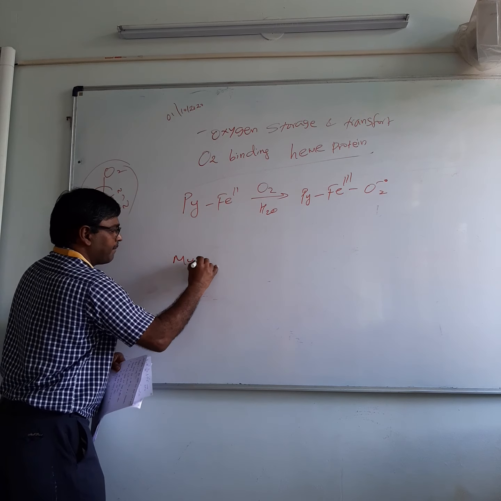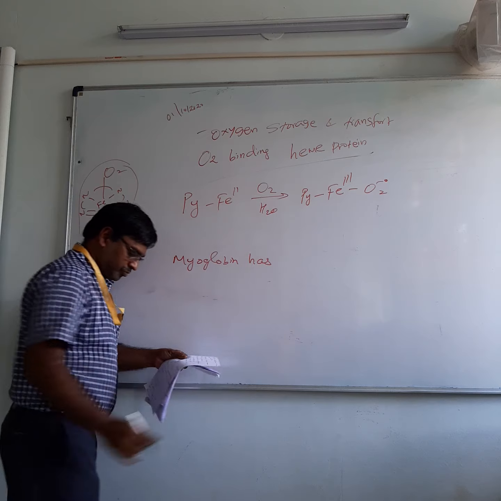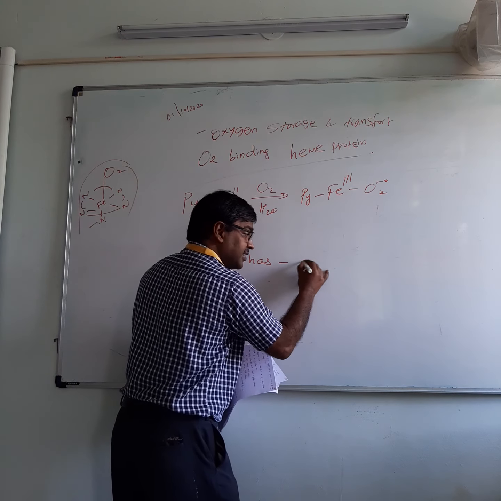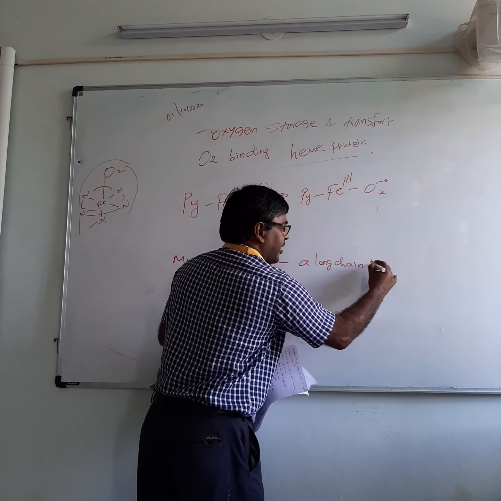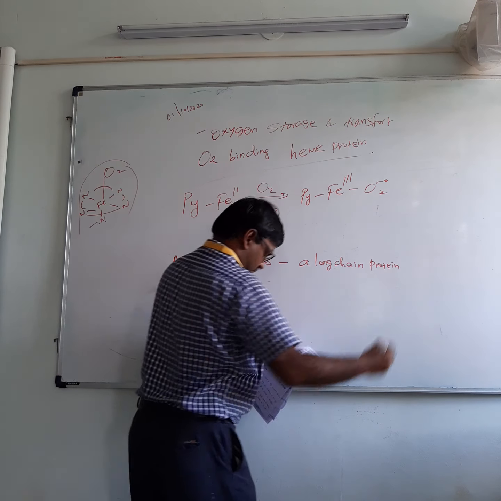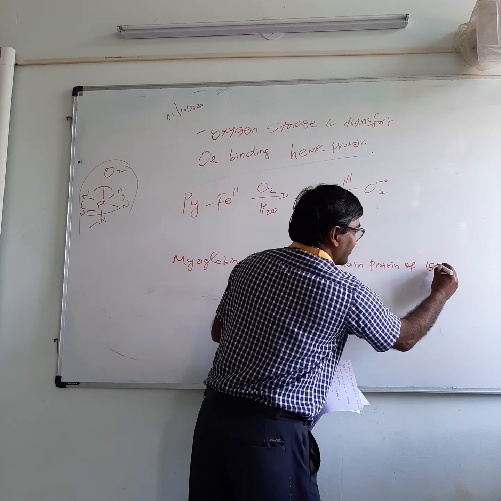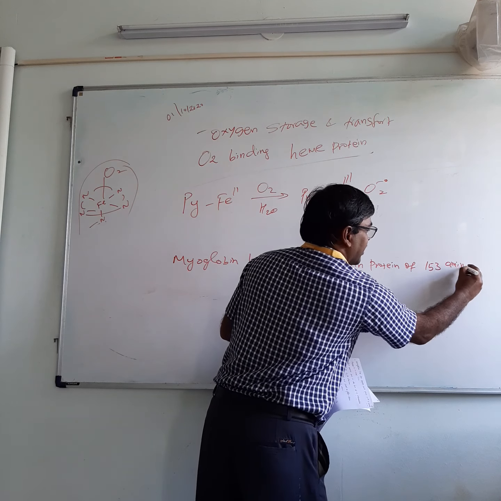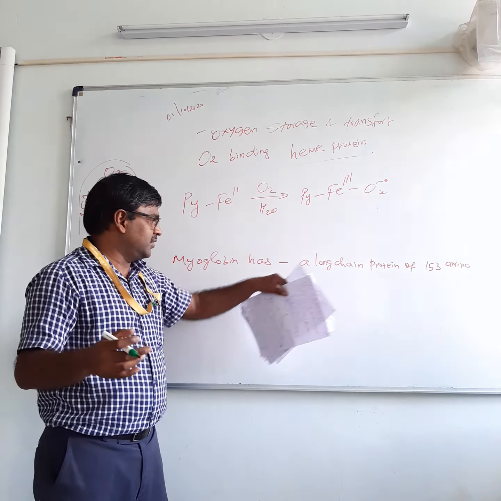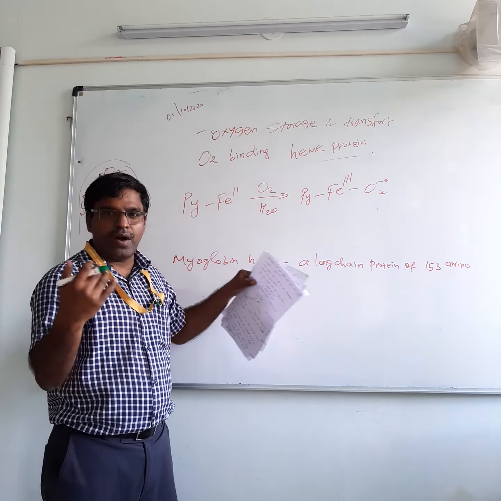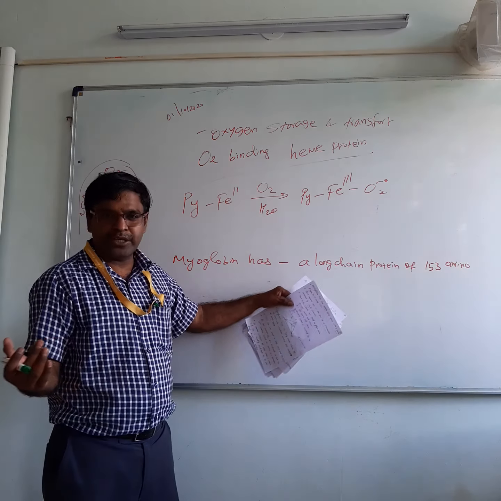So myoglobin has also a long chain protein, having a protein of 153 amino acids. In the case of hemoglobin, there are 4 long chain proteins, that is 141, 146 proteins, that is alpha and beta clusters, where 4 types of clusters are there.